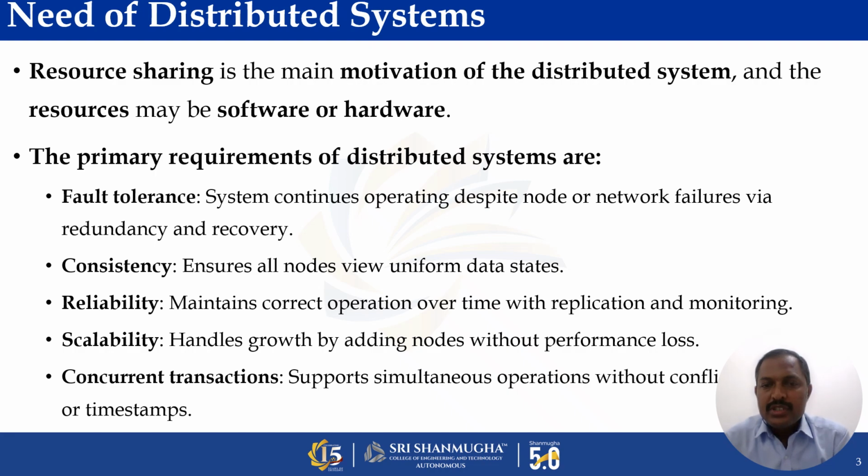So what is a distributed system? A distributed system is a collection of autonomous computers which are connected through a network. Assume these are the different systems, connected with the help of a network. So this is called a distributed system.